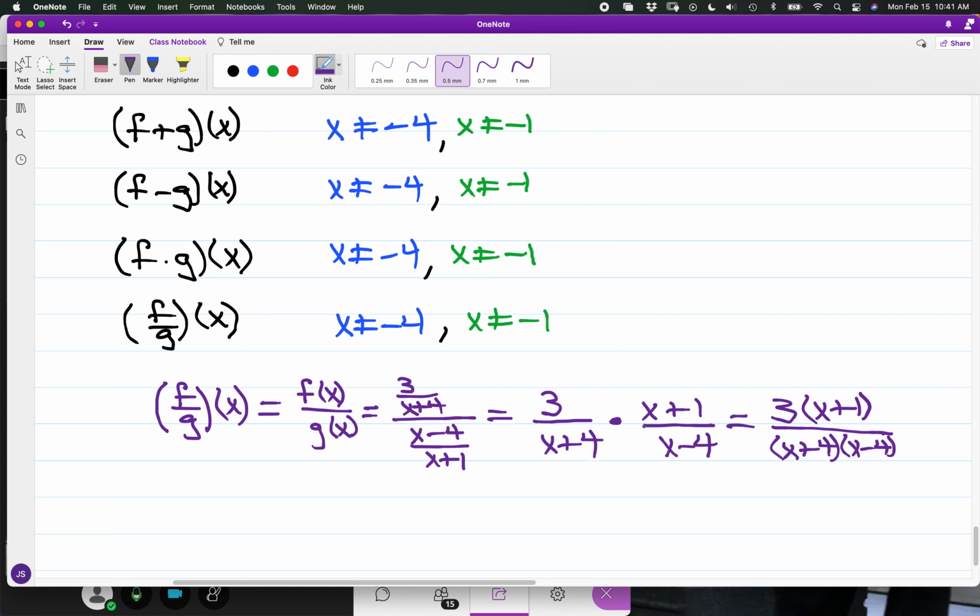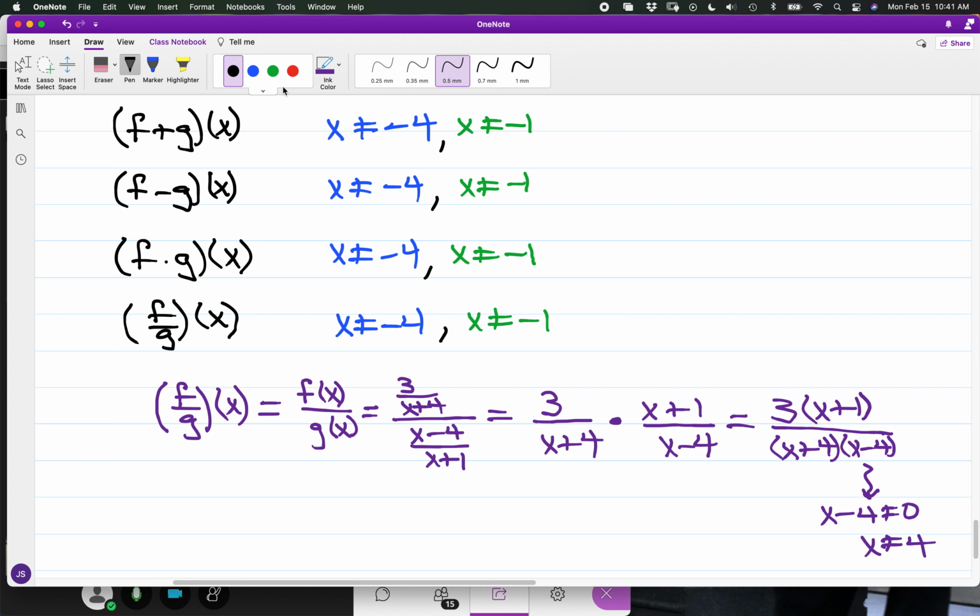And then once we multiply out, notice x minus 4 was in numerator position, but upon multiplying by the reciprocal, x minus 4 is now in denominator position. So we have yet another restriction: x minus 4 cannot be 0, so x cannot be equal to 4.